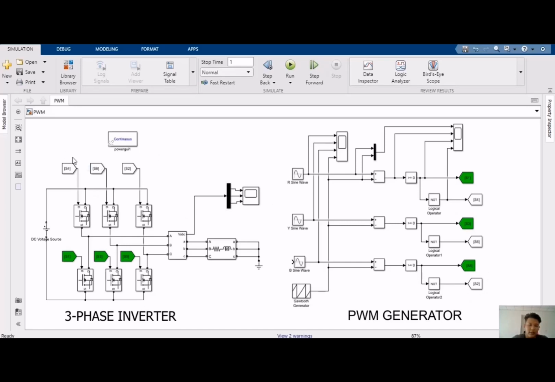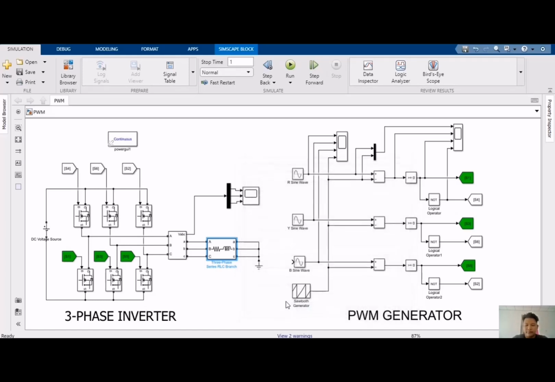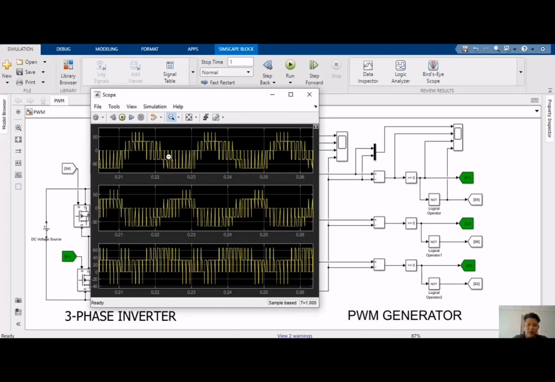In this simulation, for the three-phase inverter, we use MOSFET, and for the RL, we use 14 ohm for the resistance, R, and 0.3 millihenry for the inductance. As a result, we can get the waveform like this.